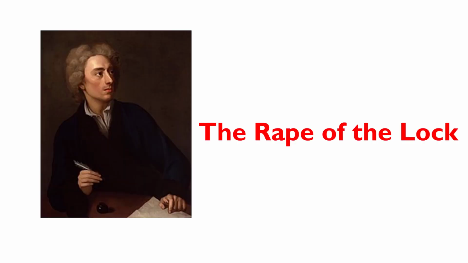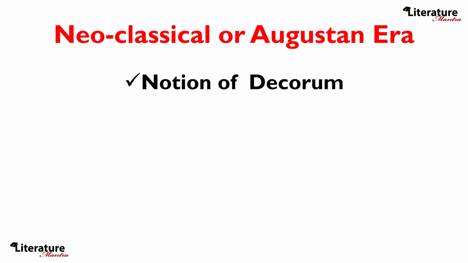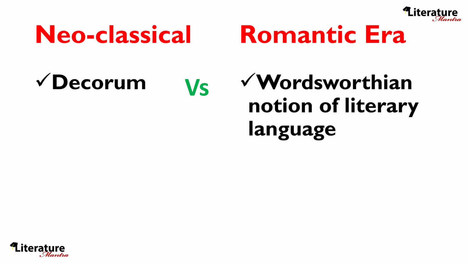Another example can be Alexander Pope's poem, The Rape of the Lock. In this, you can also mention the Augustan era, which was the literary era at that time. In particular, the notion of decorum and why during the Augustan era it was considered that imitating the classical writers was important. You can also compare with Wordsworth's notion of language as used by ordinary men.